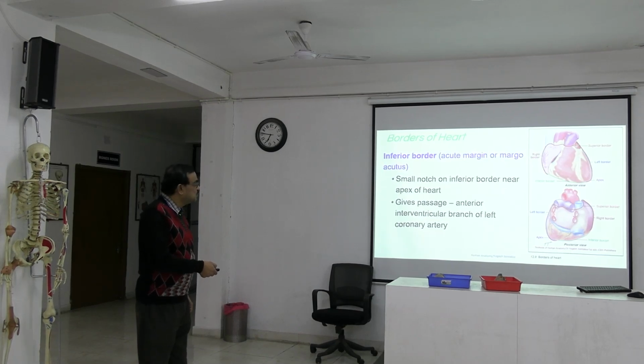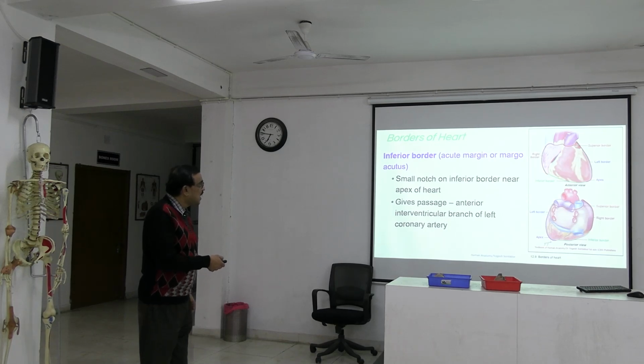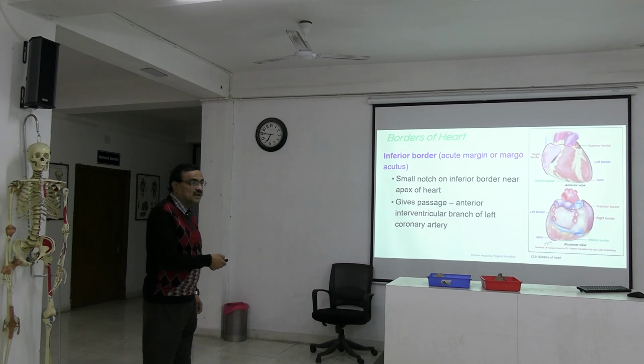As a whole, it is called the coronary sulcus. It starts from here, rounds the back, and ends here, and in front it is interrupted by the emergence of the great vessels.